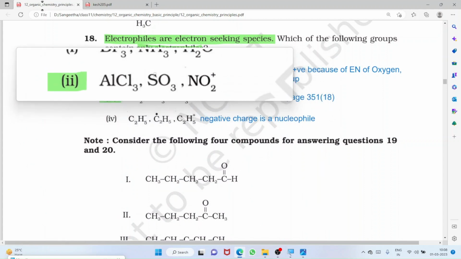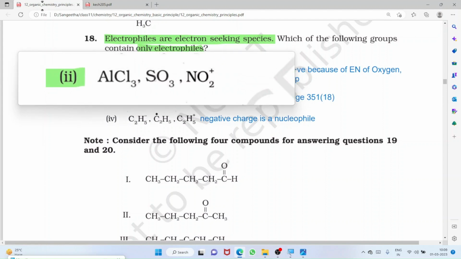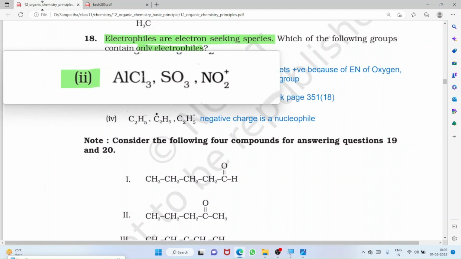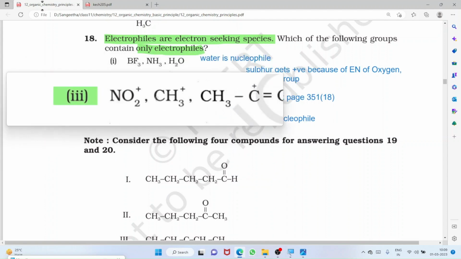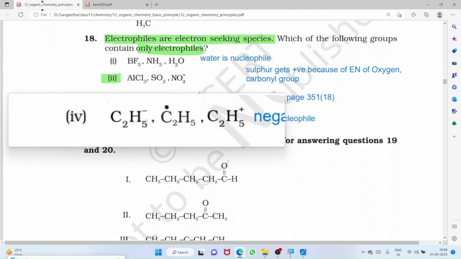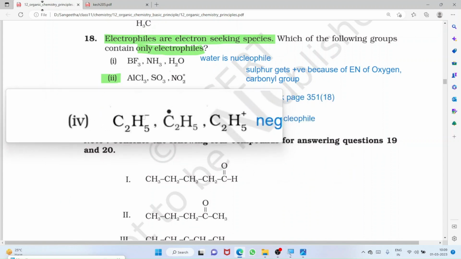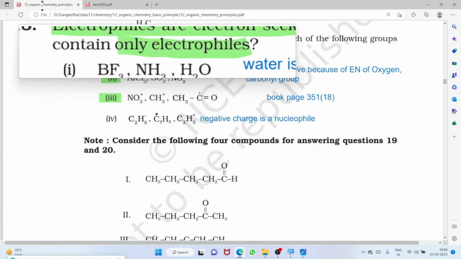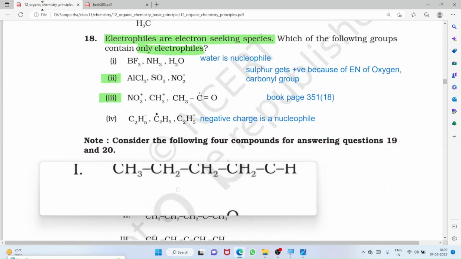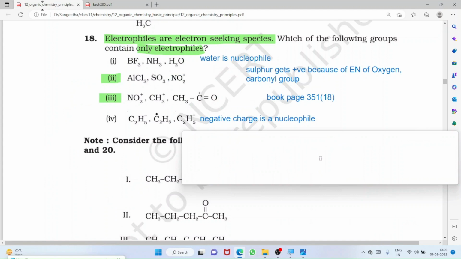Here sulfur will get a positive charge because of the oxygen's electronegativity. Here aluminum will get a positive charge. So these are electrophiles, all with positive charge. But this one has a negative charge, so this is a nucleophile. They are asking for only electrophiles, so these two are the correct answer.